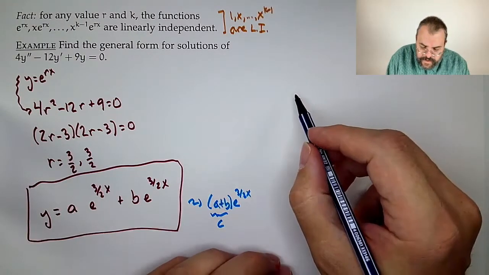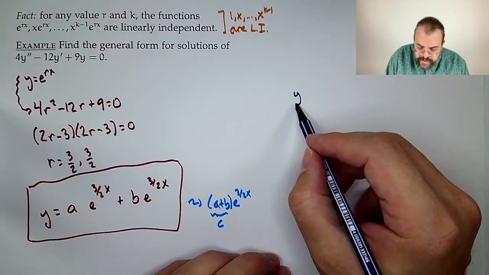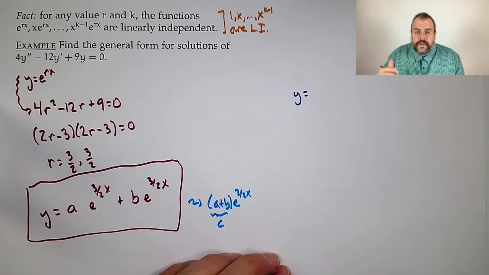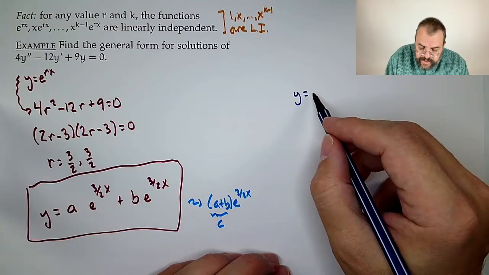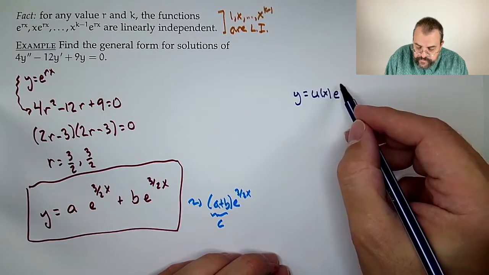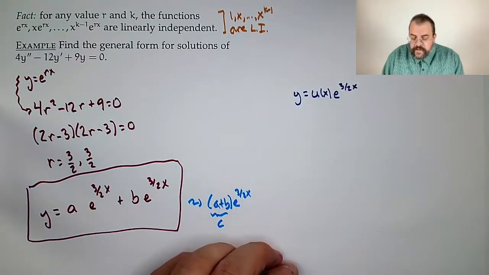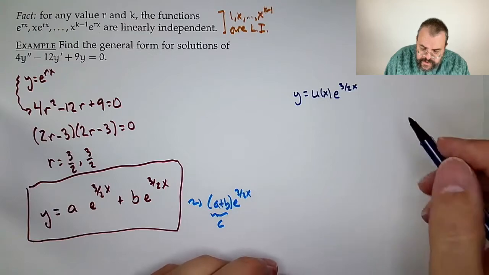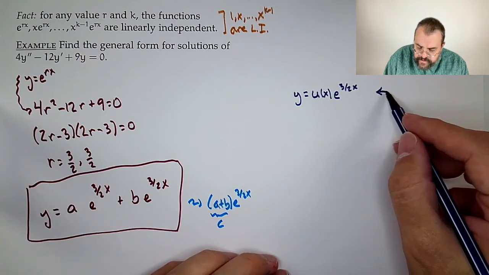So what we can do is, instead of just saying e to something x, we'll say, look, we like the e to the 3/2 x, so we'll just put a little function in front, u of x. And we'll try to understand what happens and say, what's a good u of x?